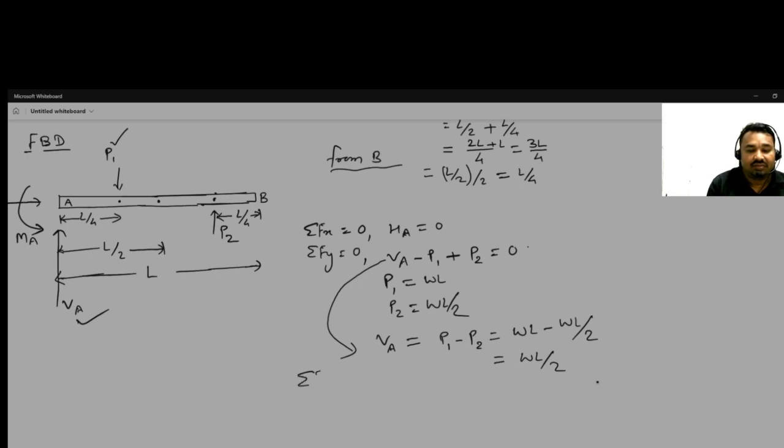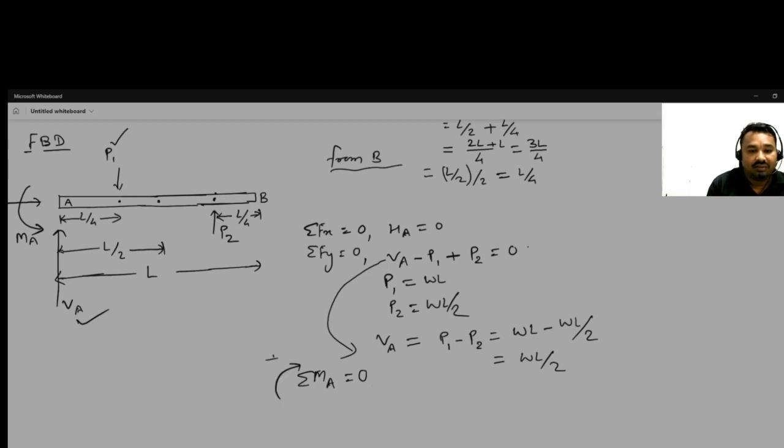And what about moment? So summation of moment A is equal to 0. Let us sum this.